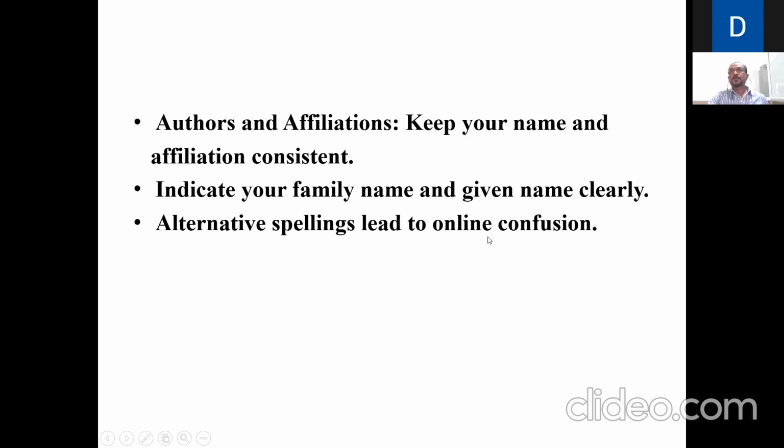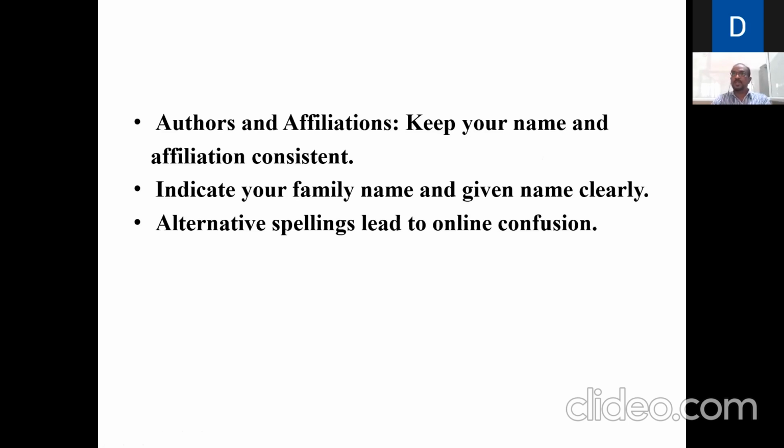For example, some names can have different spellings. Take our Srinivasa Rao sir. Srinivasa Rao is one name, but somebody can write Srinivas Rao.